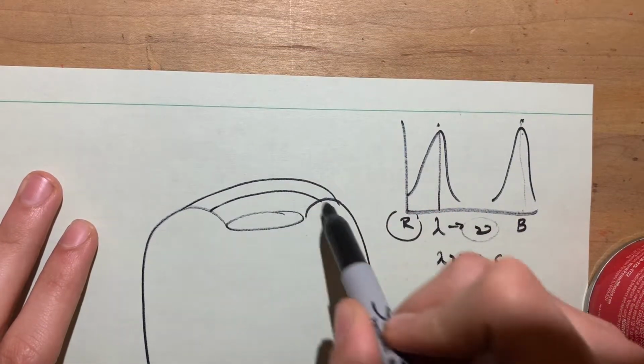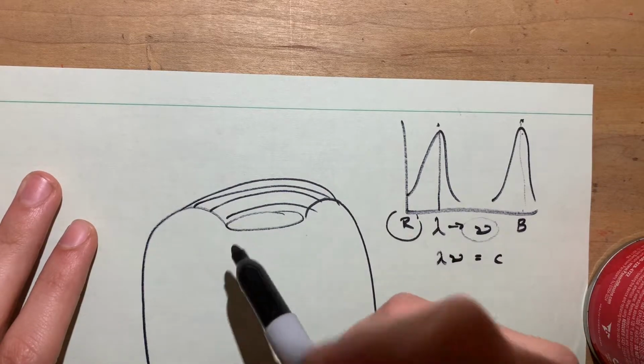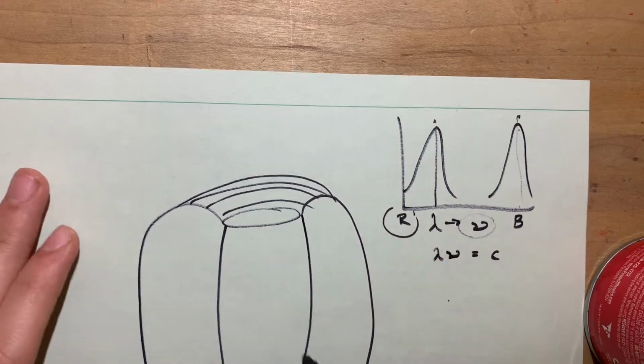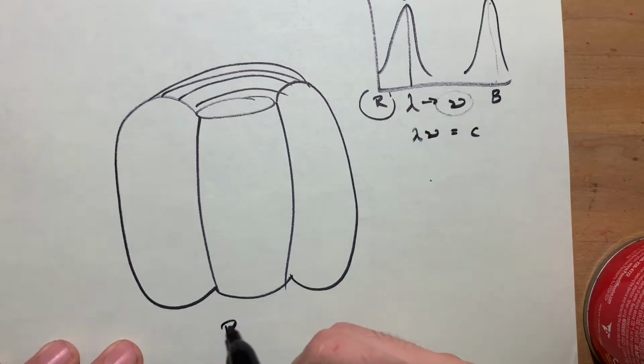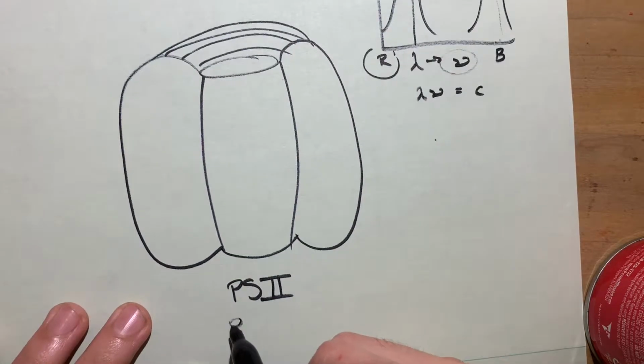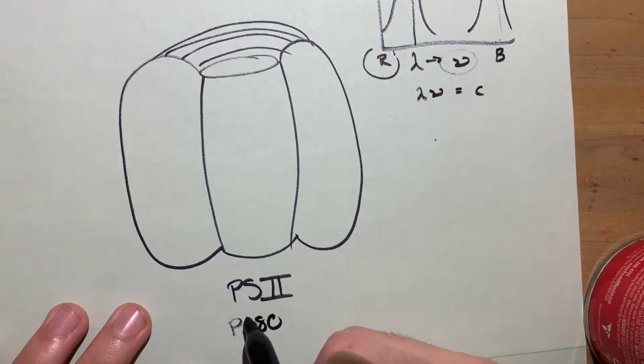And now here we're going to get into the actual process. So this is photosystem 2, also referred to as P680.